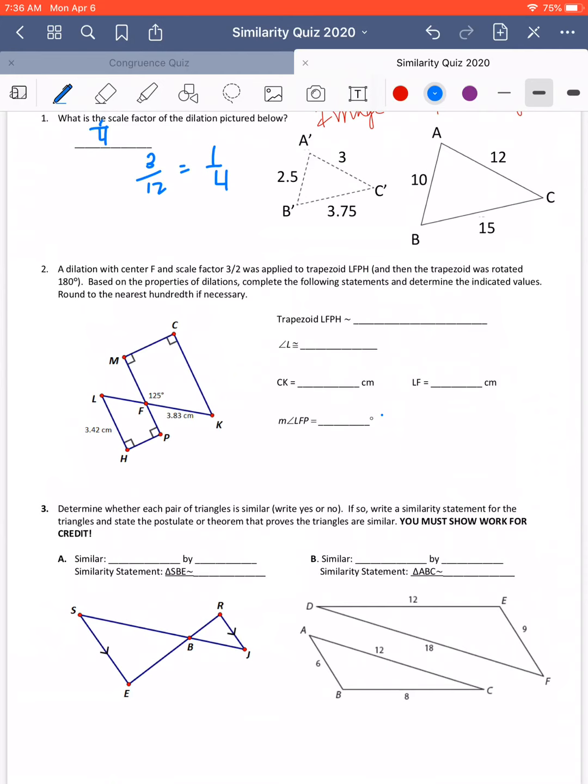The first thing says trapezoid LFPH is similar to trapezoid, so L would match with K. F would match with F. So then it would be MC.